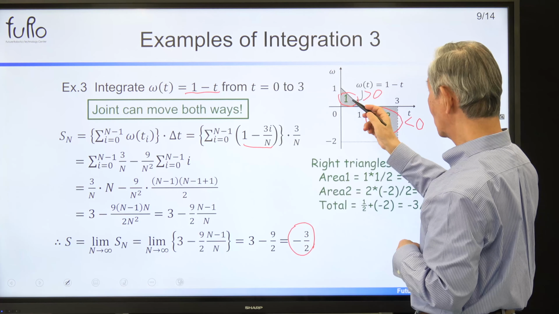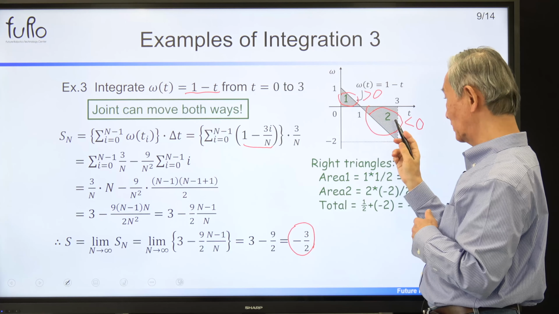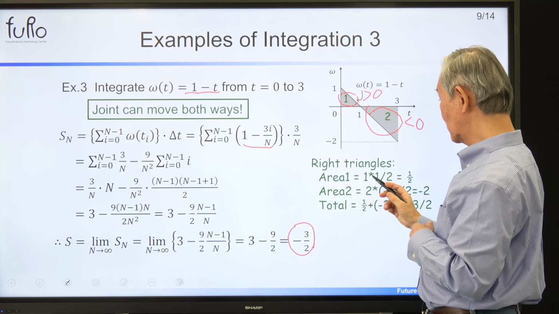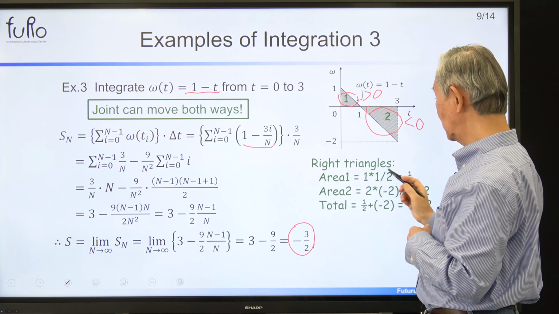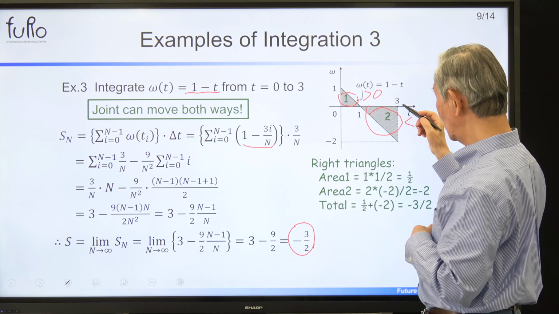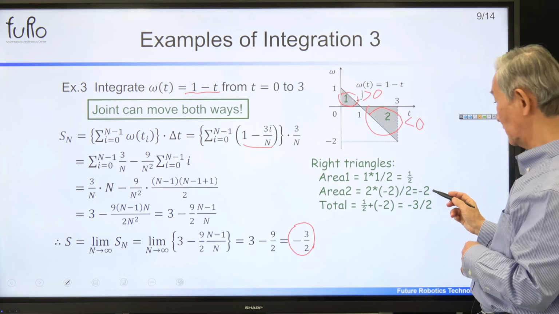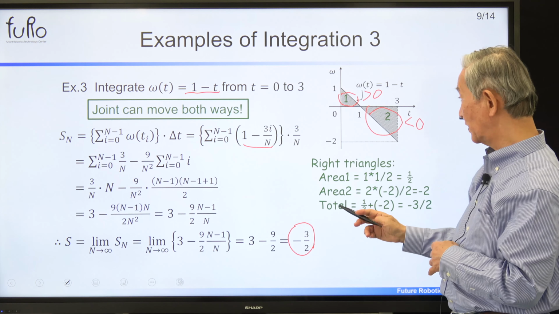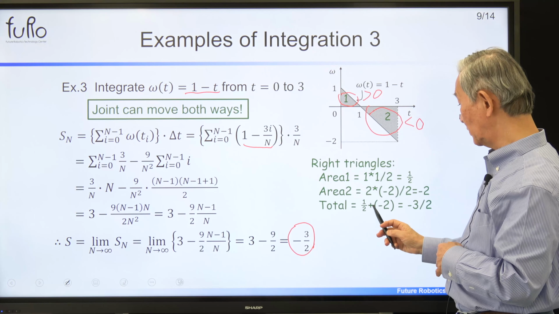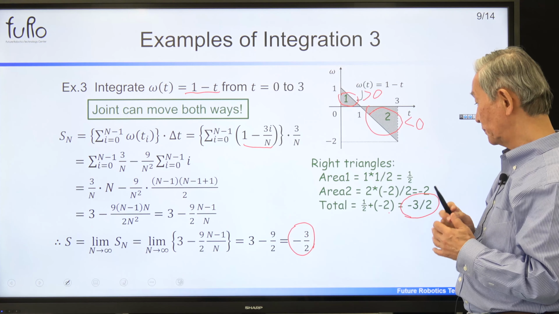Let me call this 1 and 2. Area 1 is 1 times 1 divided by 2, so 1/2. Area 2 is 2 times minus 2 divided by 2, that's minus 2. So the total area is 1/2 plus minus 2, that's negative 2/3.